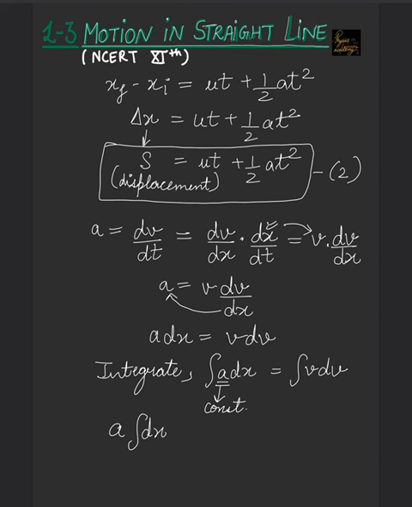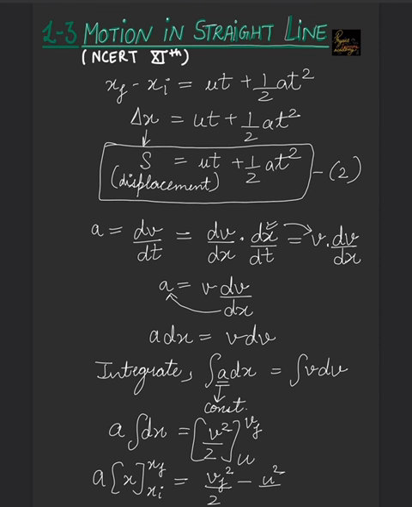What is left is dx. v dv is v square by 2. What is the final velocity? vf, initial u, and a dx is x, x final, x initial, and here vf square by 2 minus u square by 2.